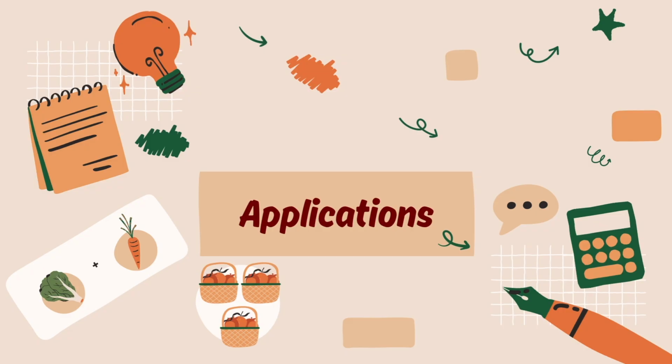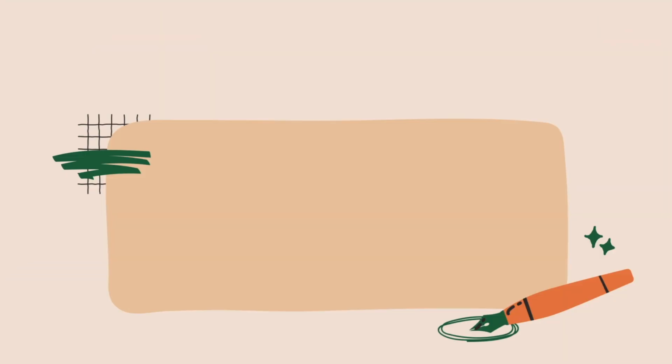Linear equations with two variables are everywhere in real life. Grocery shopping, speed distance problems, business profit. Anytime you have two unknowns and two conditions, linear equations are your best friend. All right, let's do a quick recap. A linear equation in two variables looks like ax plus by equal to c.